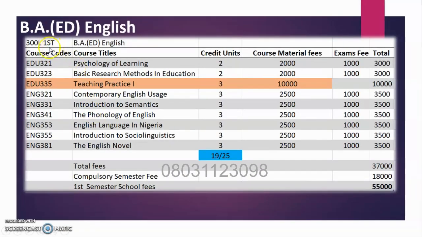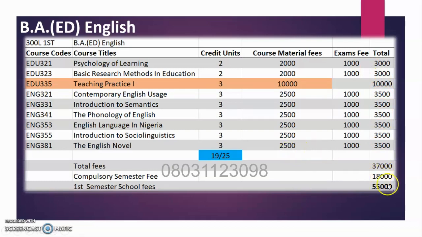300 level, these are your courses, which includes a teaching practice with 3 credit units. However, the fee is 10,000. It's very important. It's not examinable, so you don't pay for exam fees. So sum this up, you'll be having 55,000.